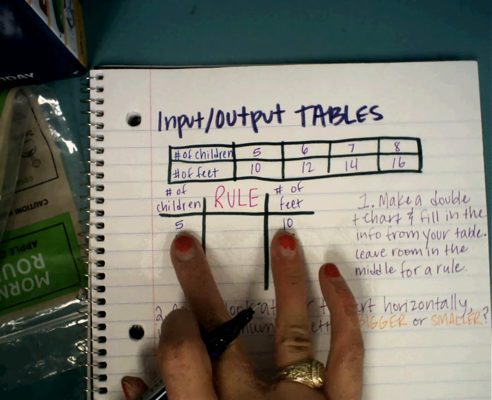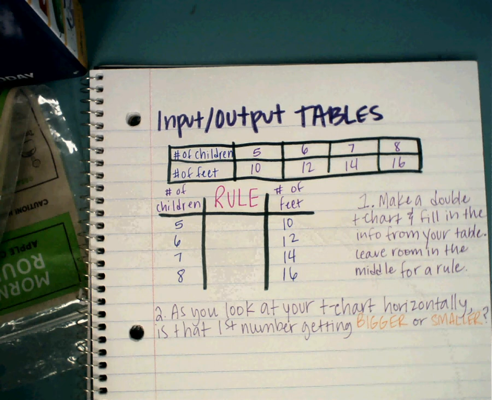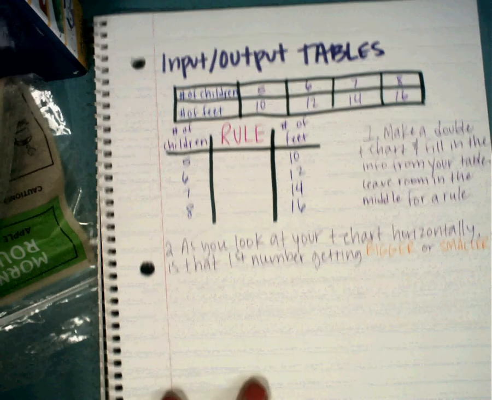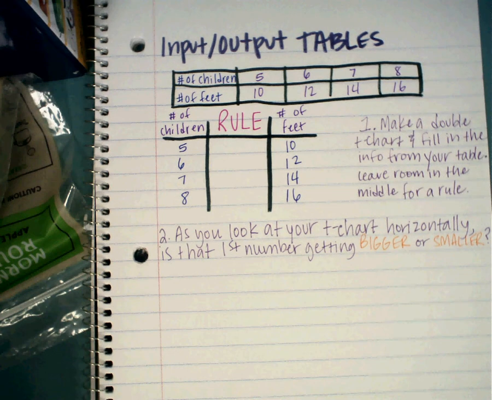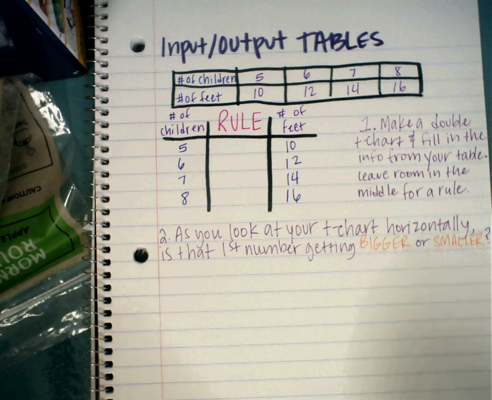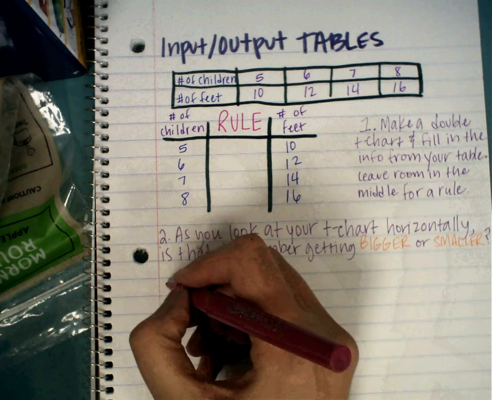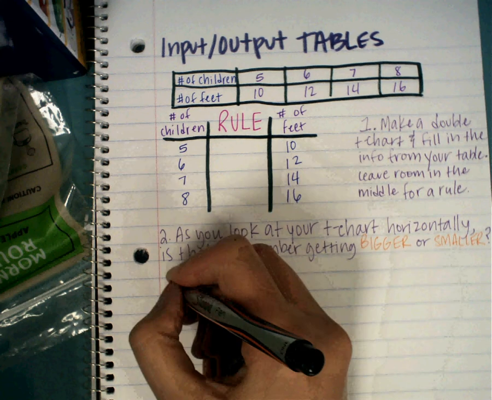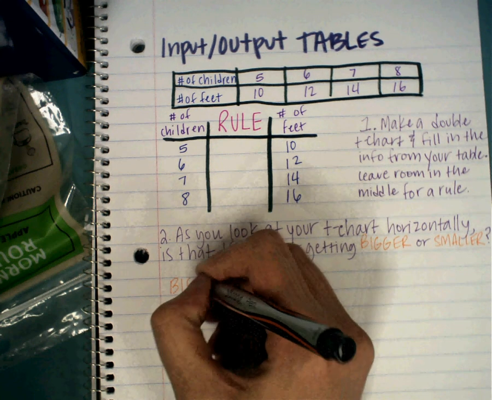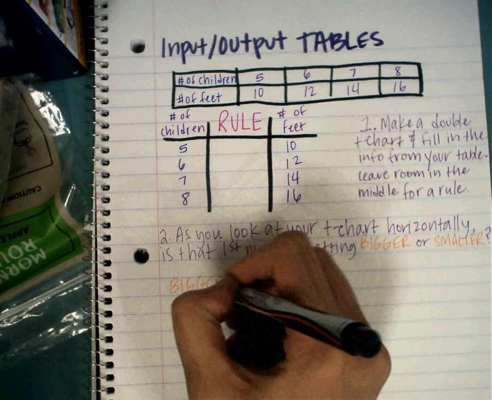So there's a couple things that are going to happen. If my number is getting bigger, here's your two rules right here. If it's getting bigger, your two options in your rule are to multiply or add.